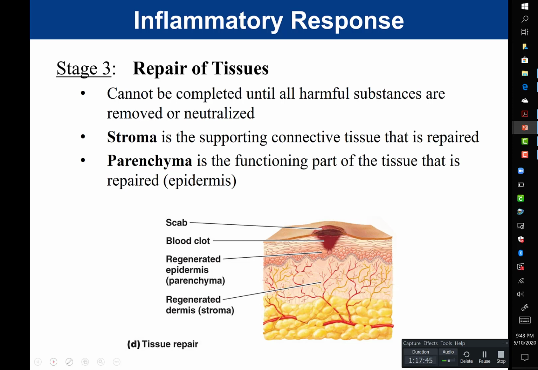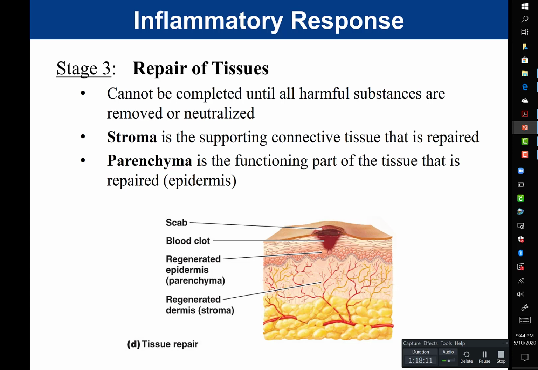The stroma is the supporting connective tissue that's repaired, and the parenchyma is the functioning part of the tissue that is repaired, so the epidermis. Tissue repair happens from the inside out. We fix the inner layers first, and the last part to be repaired is the outer layer.